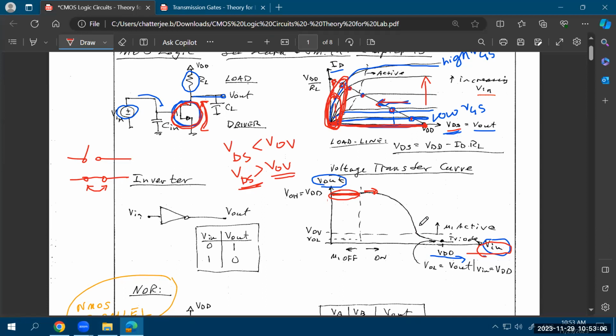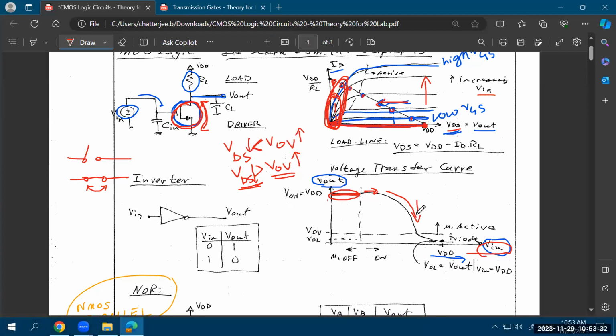Actually, the triode region happens when you have a very high VGS. So if your VGS keeps on increasing, that means your overdrive keeps on increasing, but at the same time, your VDS keeps on dropping according to your VTC, voltage transfer characteristic, right? So there would be a point when your VDS will drop and your V overdrive will increase to such a value that your VDS will become lower than your V overdrive.